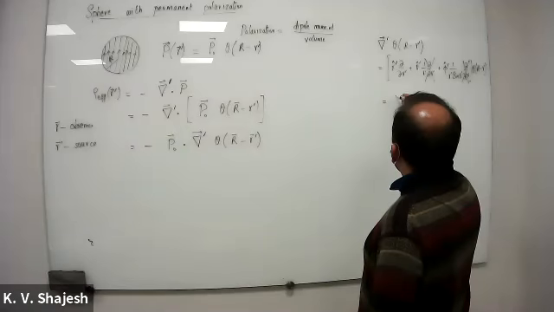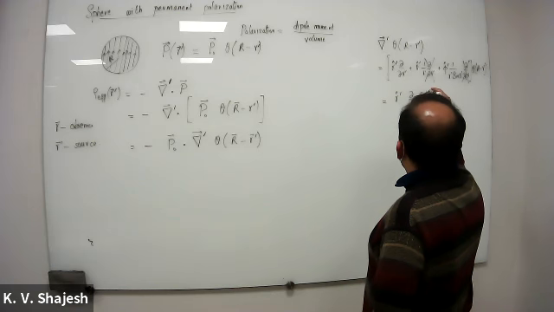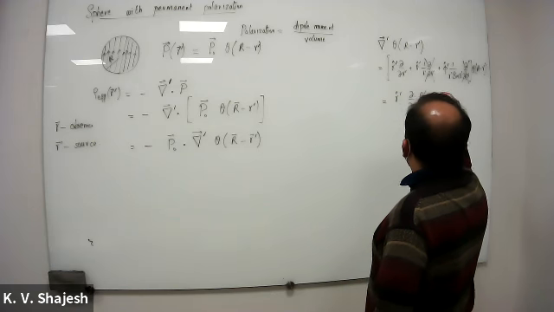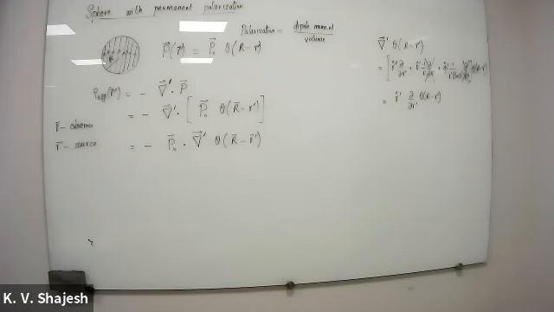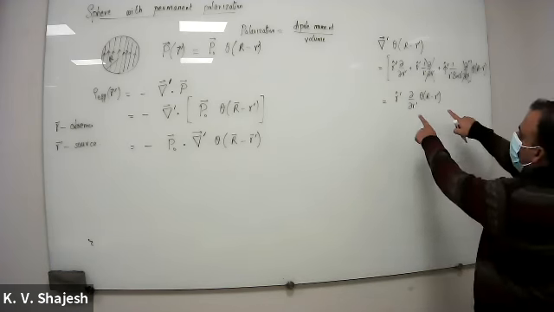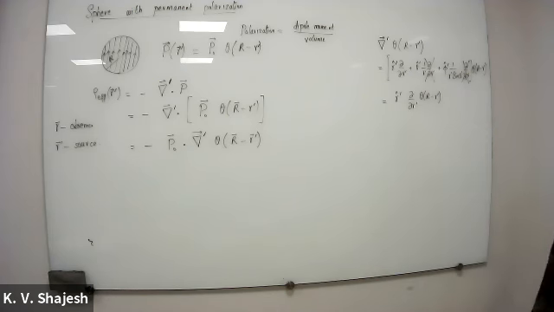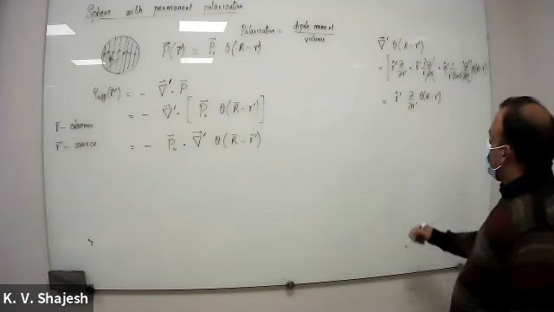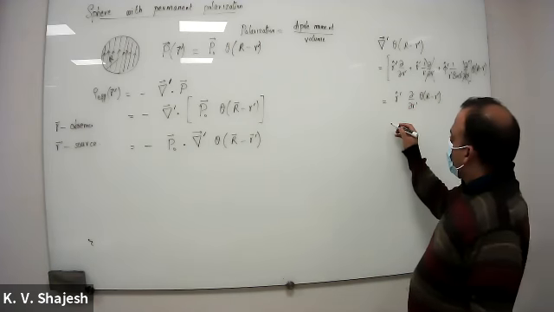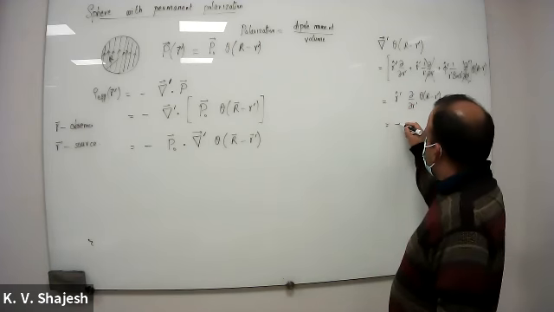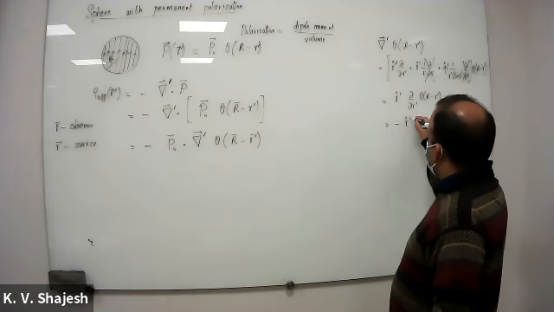And that's equal to r prime d by d r prime times, but the derivative of a Heaviside step function is nothing but the delta function, but since this is coming with a negative sign, there's also a negative sign. So negative r prime, and that's a delta function.